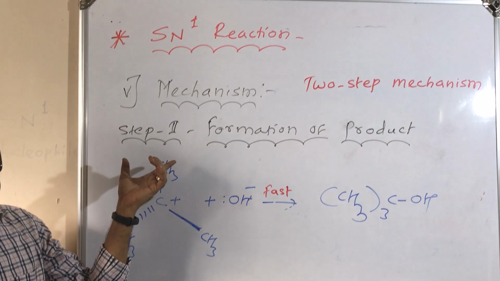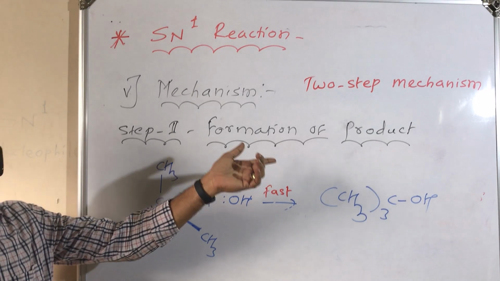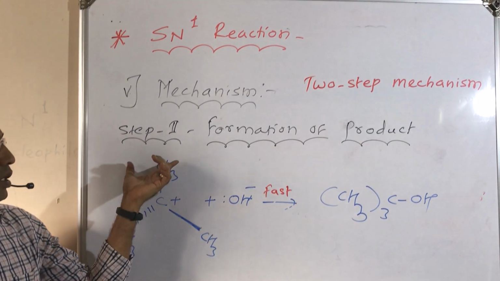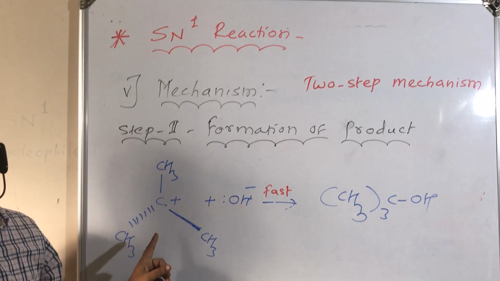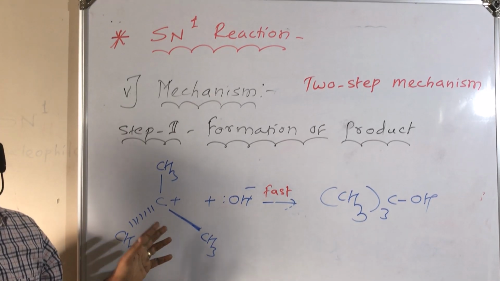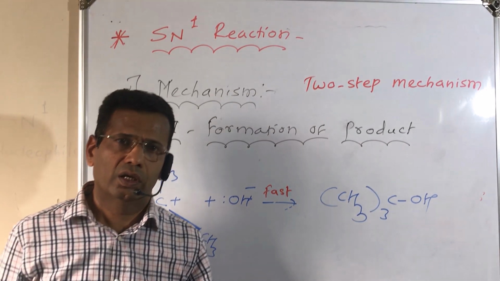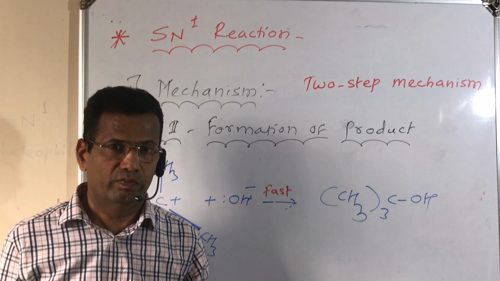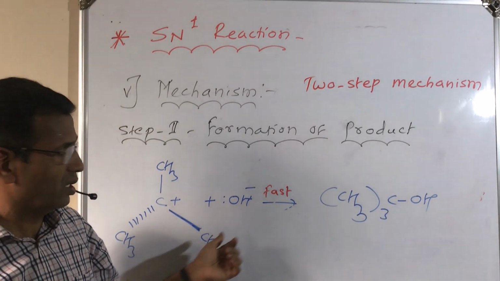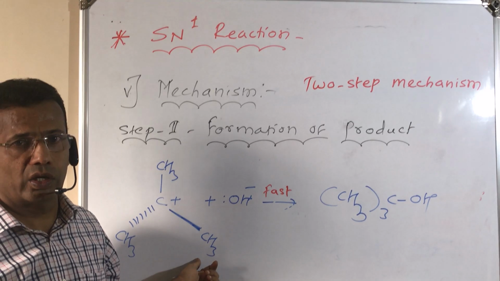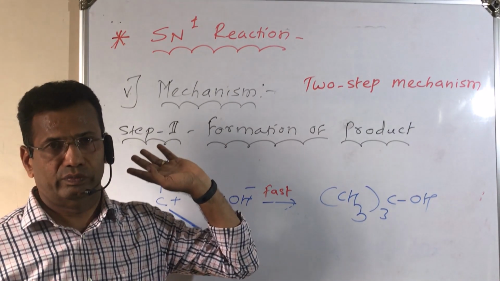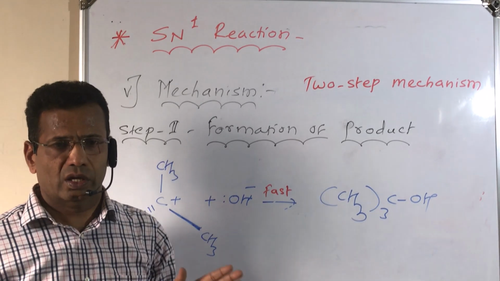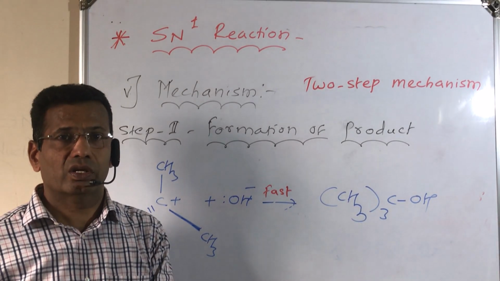Step 1 was formation of carbocation, which was very slow, and step 2 is formation of product, which is a very fast step because there is no electrostatic repulsion between two nucleophiles. Br minus is already given out in the first step as leaving group. So OH minus ion instantly attacks the planar trigonal T-butyl carbocation to form the product T-butyl alcohol. So this is the reaction mechanism of SN1.